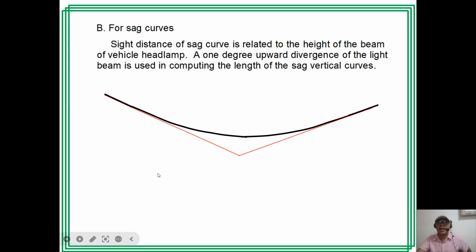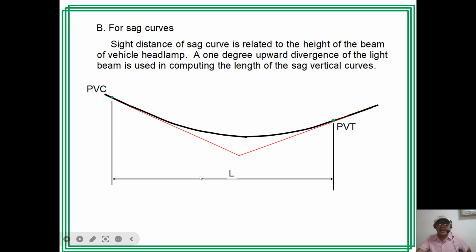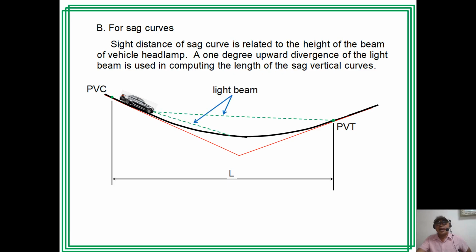Okay? So if we have here the length of the curve, PVC to PVT, then let us say this is the length L. We have the car, and then the beam of light is somewhere here. And then for a 1 degree upward divergence, this is the basis.